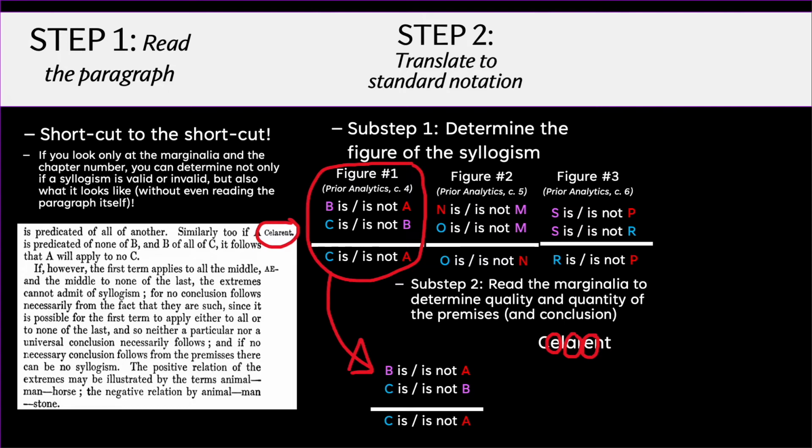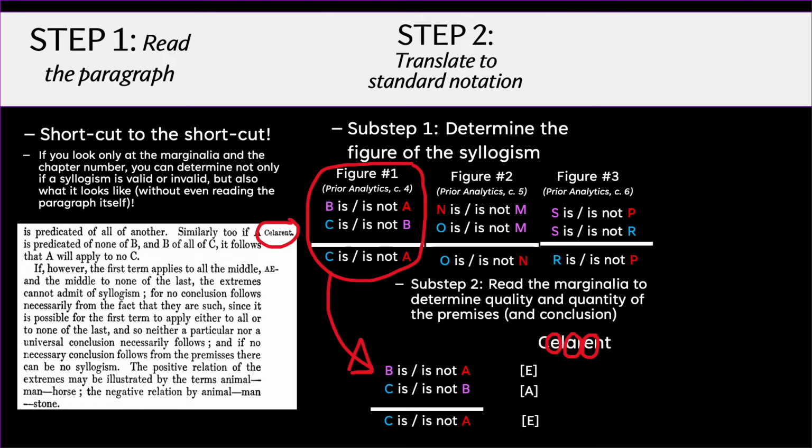Now, remember from the square of opposition that there are four kinds of propositions. There's the A proposition, the E proposition, the I proposition, and the O proposition. These vowels, according to their order, are telling us the following. They're telling us that the major premise is an E proposition. The minor premise is an A proposition.